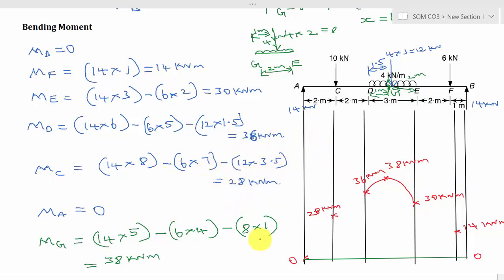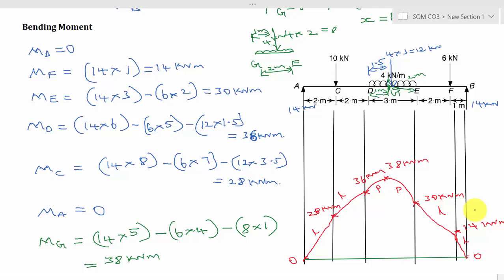So here it's a linear line, and here it is another linear line. Then this is linear, this is again linear. Okay, so you can write that this is linear, this is linear, this is parabolic, this is parabolic, this is linear, and finally it is also linear. Okay, so this is the bending moment diagram for the given drawing.